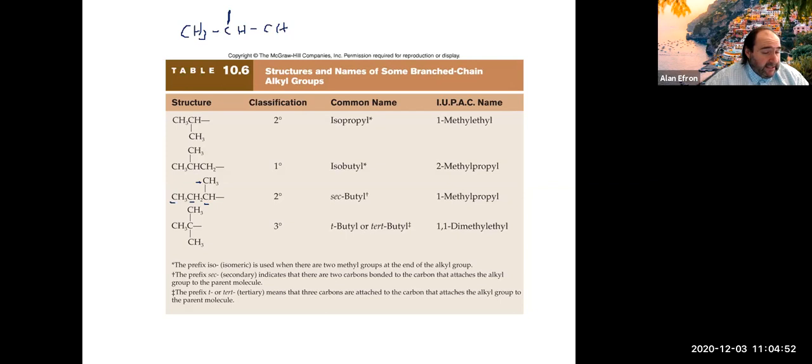Sec means secondary. So the connection point is at the secondary carbon. Again, that carbon I just circled, attached to 1 carbon there and 2 carbons there, is the secondary carbon. T-butyl or tert-butyl, tert for tertiary, butyl for butane, 4 carbons in this guy, and the attachment point is at that tertiary carbon. So there's a number of groups that have special names based on where that group will attach. Any questions on that?